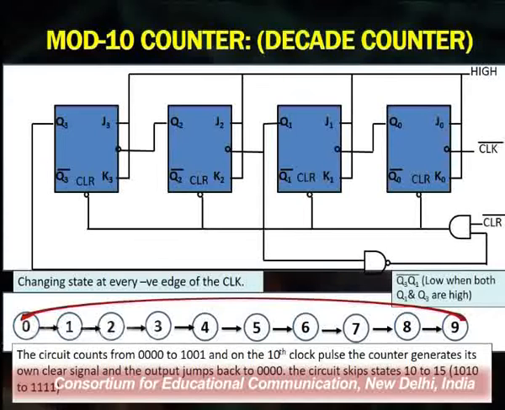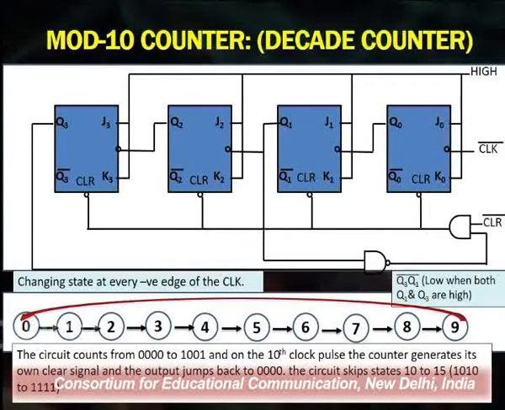When we look at the circuit, we see there are 4 bits, that is 4 flip-flops. Is this circuit a synchronous combination or an asynchronous combination? This is an asynchronous combination, as each flip-flop is triggered from the previous flip-flop. That is, the clock is connected to the output of the previous flip-flop.